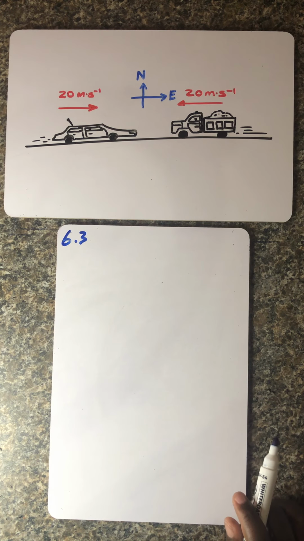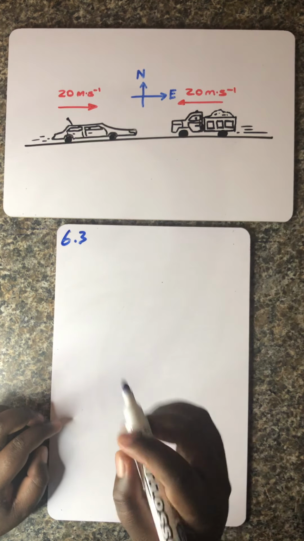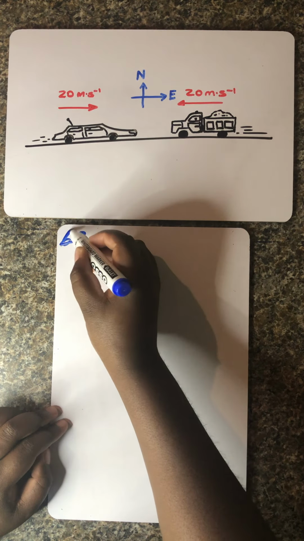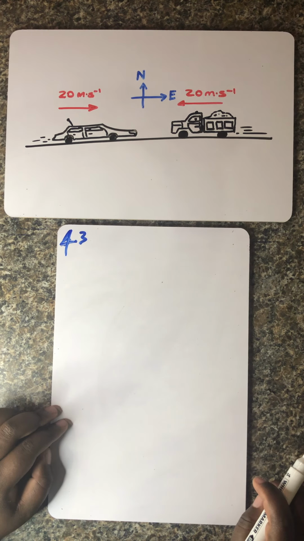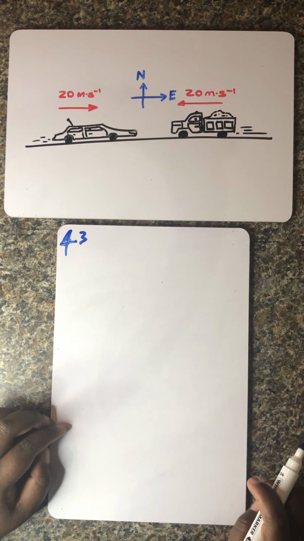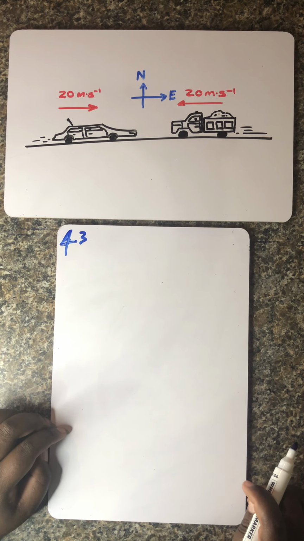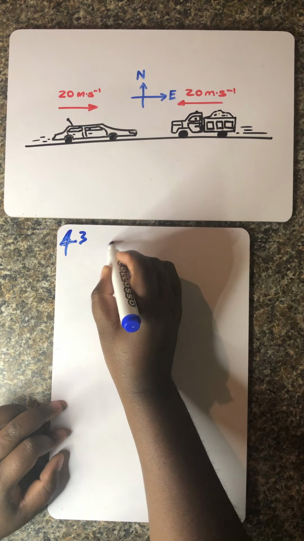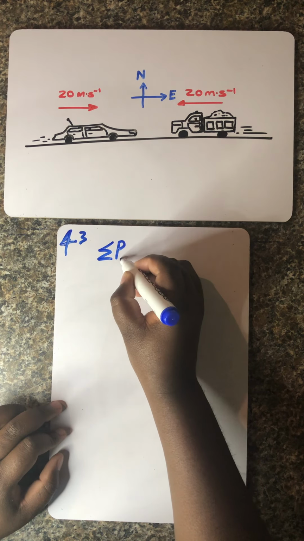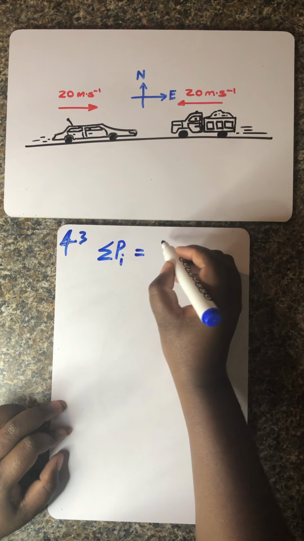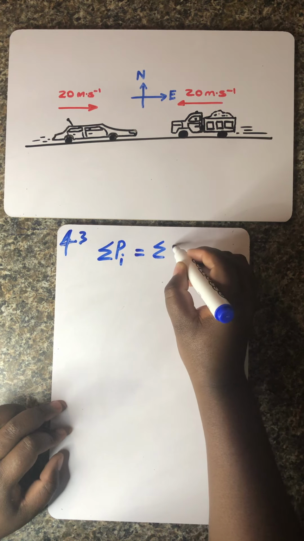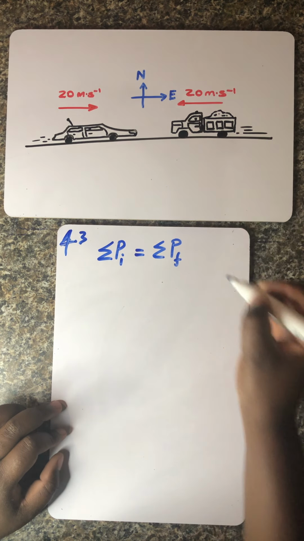Okay, so obviously, ladies and gentlemen, the first thing to do, not 6.3 but 4.3, is to write the formula. The sum of momentum initial equals the sum of momentum final.